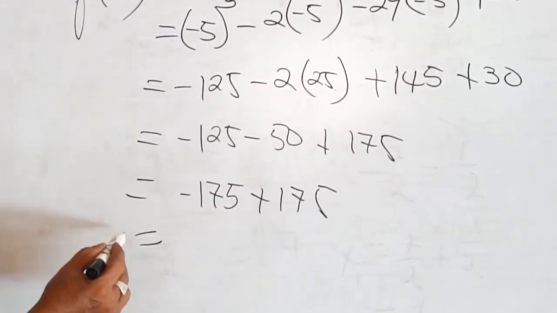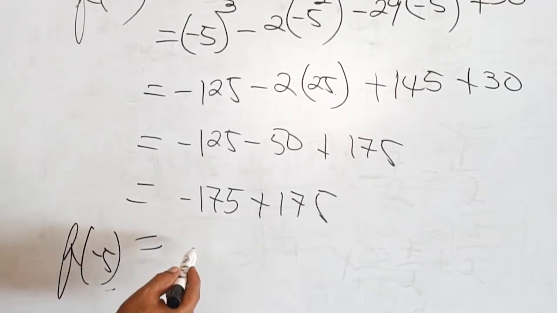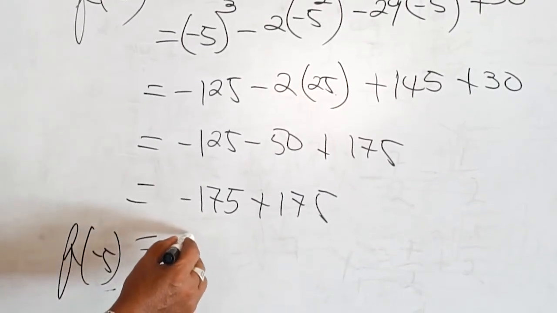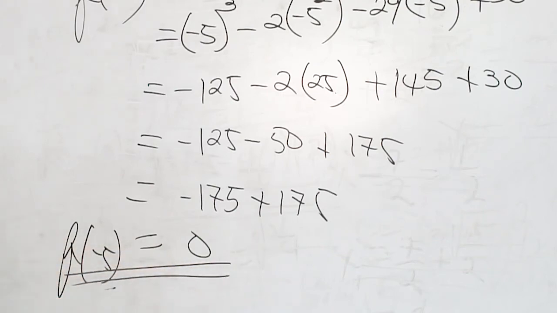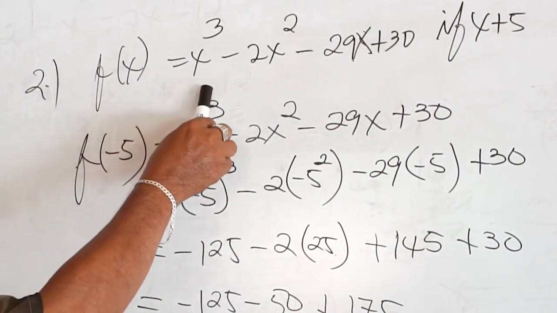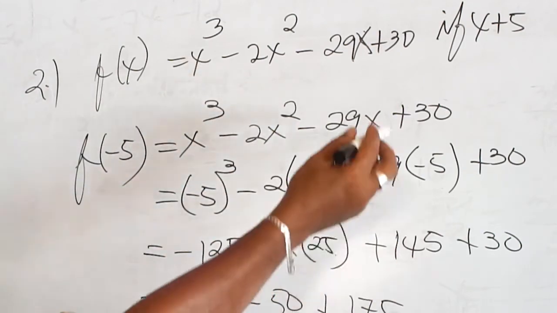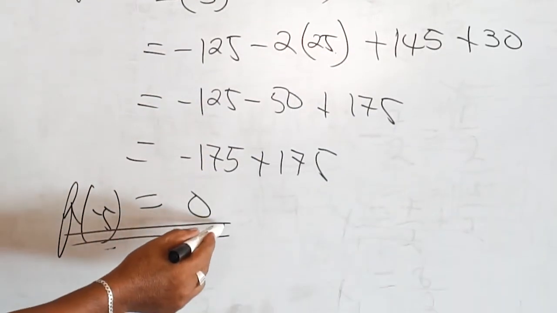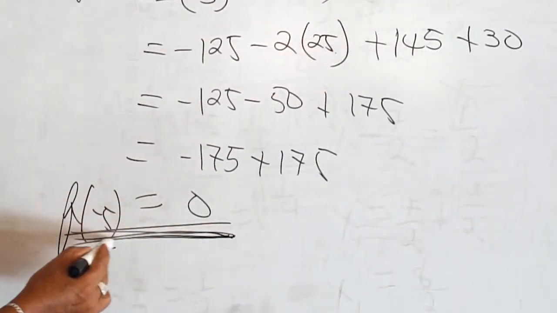Then add, so we have f of negative 5 is equal to 0. So therefore, the factor of x cubed negative 2x squared negative 29x positive 30 is equal to 0. So this is now the factor theorem.